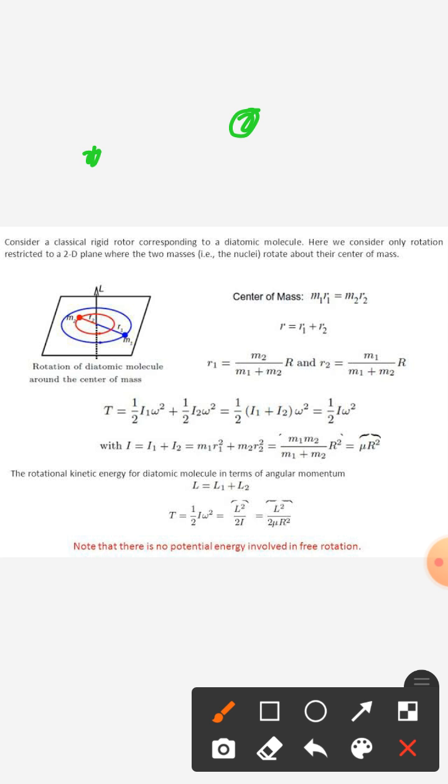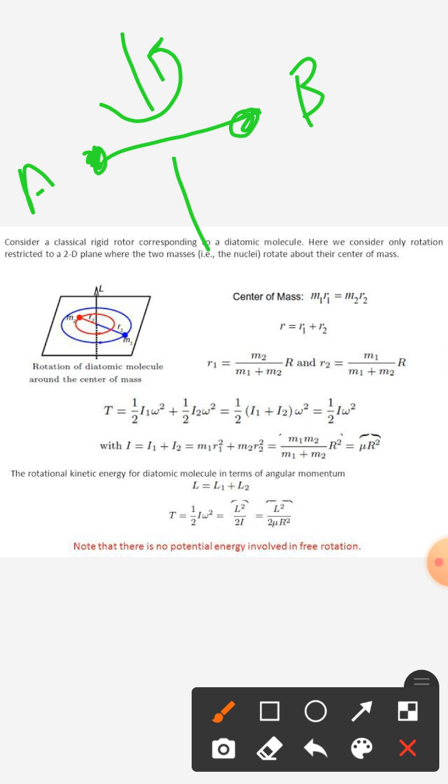For example, this is particle A and another is particle B, and the line along which they are attached to each other, and in free space if both rotate along the z axis, in this case it is difficult to solve the problems by considering each mass of the system.